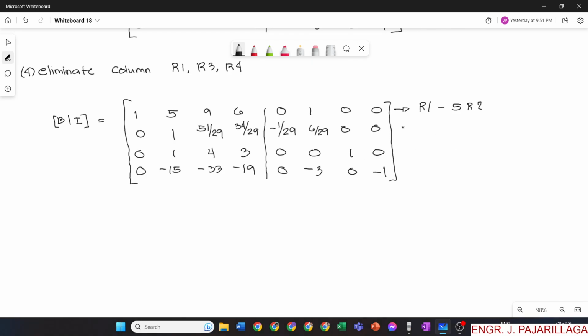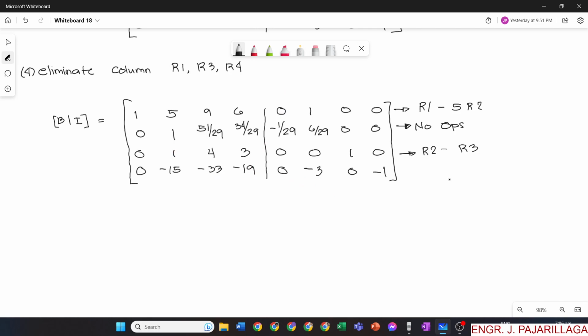Alright. Now for row 2, since this is our active row, hindi natin to lalagyan ng operation. So, no operations. So, for row 3, we can do row 2 minus row 3. Okay? Kasi ito lang naman yung gusto kong maalis. So, ito yung gusto kong matanggal, maging 0.